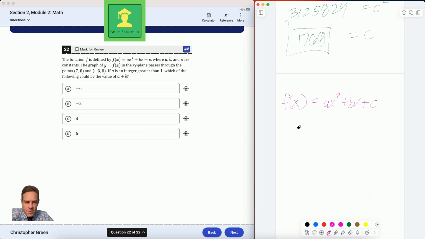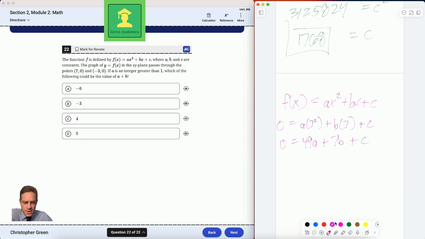So using (7, 0), you get 0 equals, I'm just going to write it out the long way, a times 7 squared plus b times 7 plus c. So 0 equals 49a plus 7b plus c.